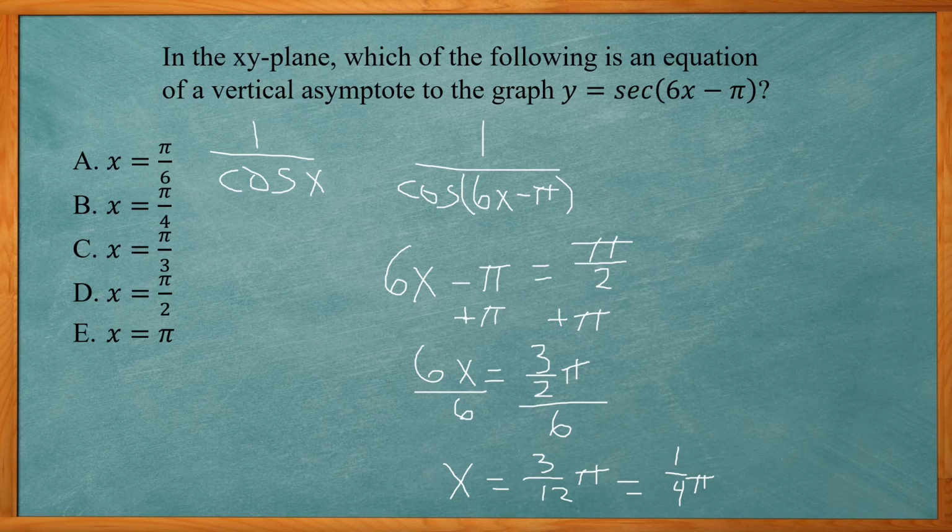So our answer is going to be 1/4 pi, or pi over 4. That gives us the answer of B. Pi over 4 will cause cosine 6x minus pi to be 0, giving us a vertical asymptote at that point.